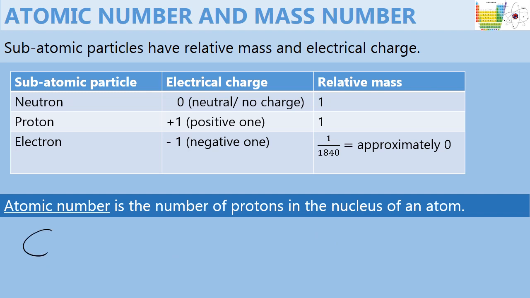Calcium has atomic number of 20 because it has 20 protons. What is the atomic number of carbon? How about fluorine?